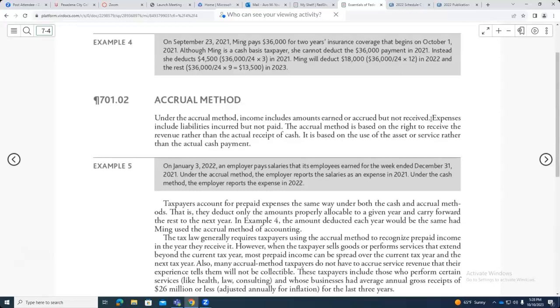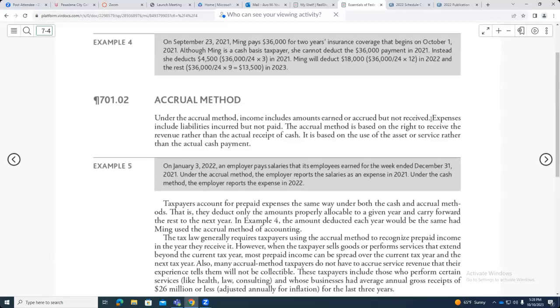Accrual method means you recognize revenue when you earn it, not when you get paid. Let's say I prepare your tax return this year in 2023, so I earned it. Now I send you an invoice, but you say, I will pay you in January of next year.